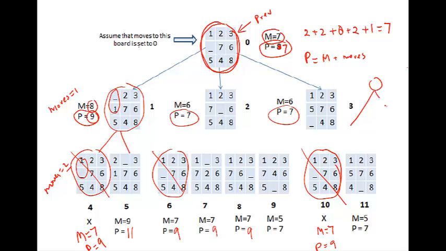In other words, I'm not going to worry too much about what's here in the tree, but I'm going to say that the first element that you put into the priority queue is board 0, which has the priority 7. Then you remove this from the priority queue, and then you enqueue the rest of the boards into the queue. So you enqueue 1, 2, and 3 into the priority queue.